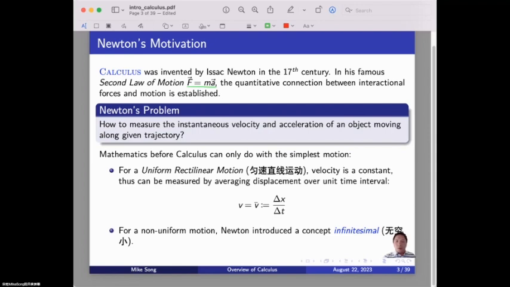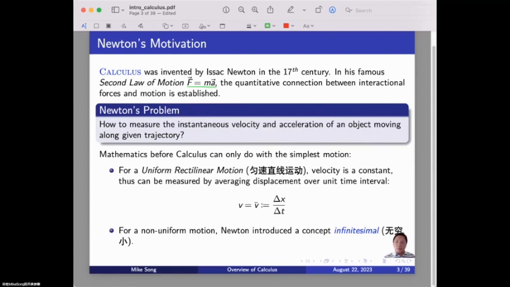For Newton, his problem is about kinematics, which is how to measure the instantaneous velocity and acceleration of an object moving along a given trajectory. Mathematics before calculus can only deal with the simplest motion, namely uniform rectilinear motion, 匀速直线运动.